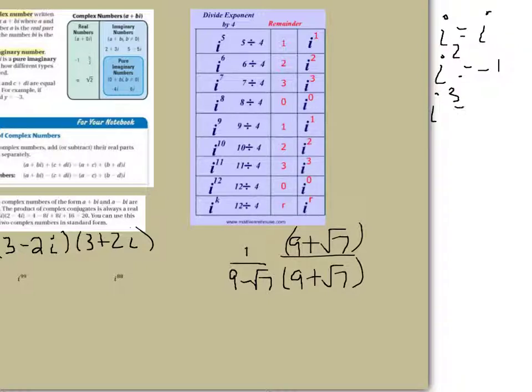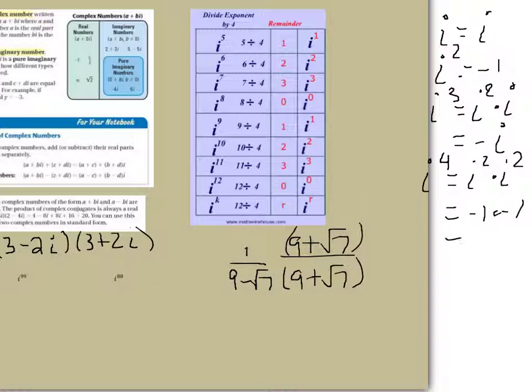Well, i to the 3rd is i squared times i, so that's negative i. And then i to the 4th is i squared times i squared, so that's negative 1 times negative 1, which is positive 1. So we have i to the 1st is i, i squared is negative 1, i to the 3rd is negative i, and i to the 4th is positive 1.